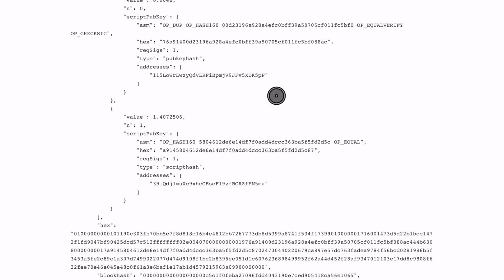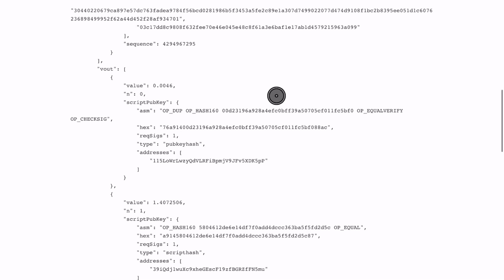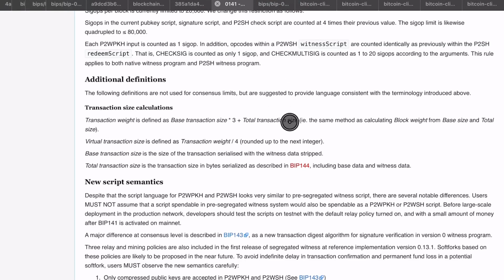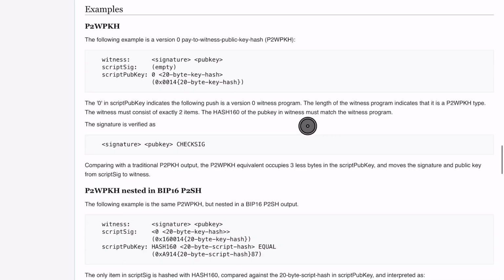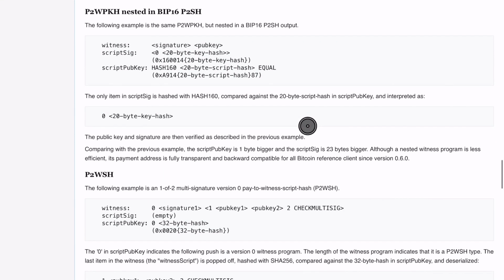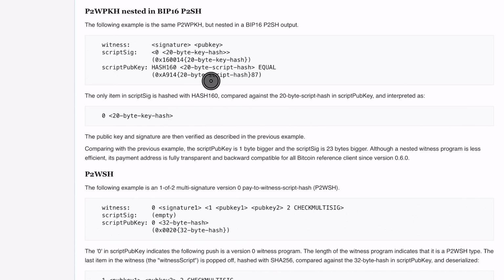So let's also take a look at this type of transaction in BIP 141. Okay, so this is pay to witness public key hash nested in BIP 16, that's pay to script hash.